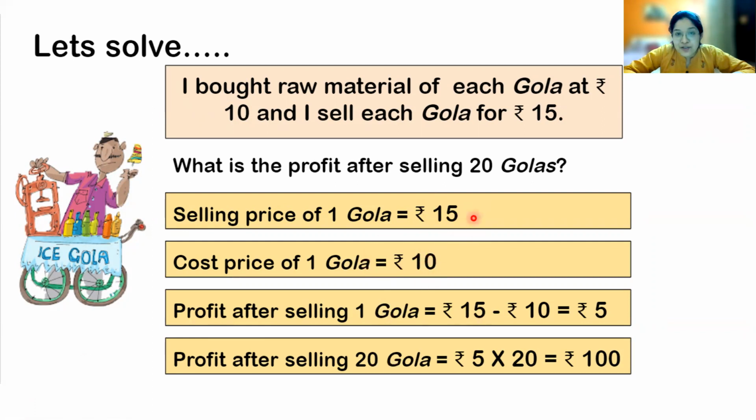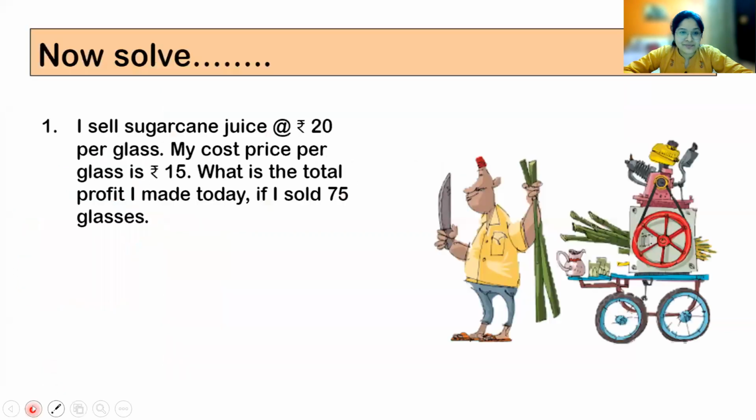We take the difference of these two, which is 15 minus 10. This will be my profit for just one gola. And this profit on one gola, we will multiply by 20 such golas, which is equal to rupees 100. Okay. Gola uncle seems quite happy now. He's made a profit of 100.